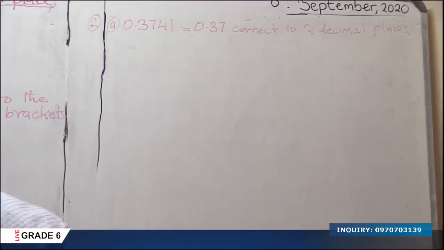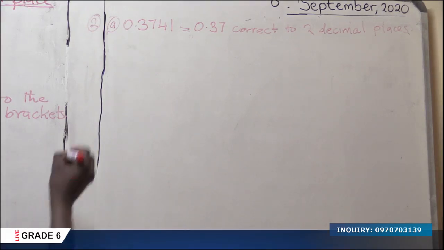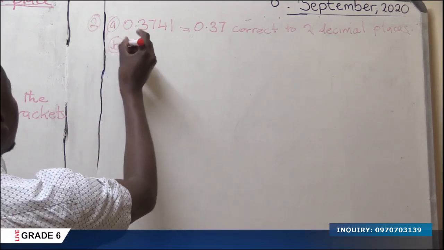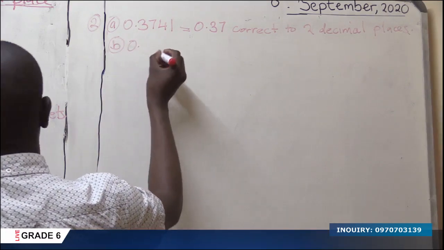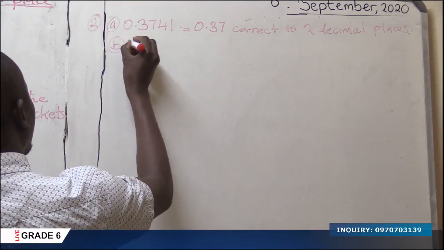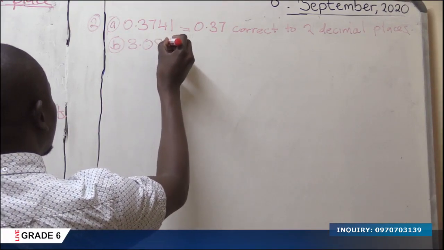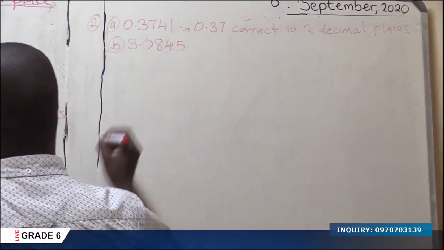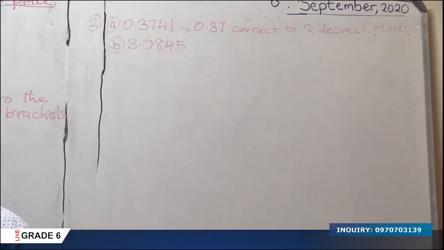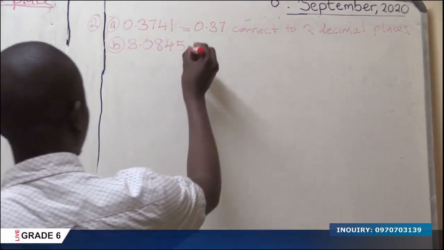B says round off 3.0845 to 3 decimal places. So our B will be 3.0845.